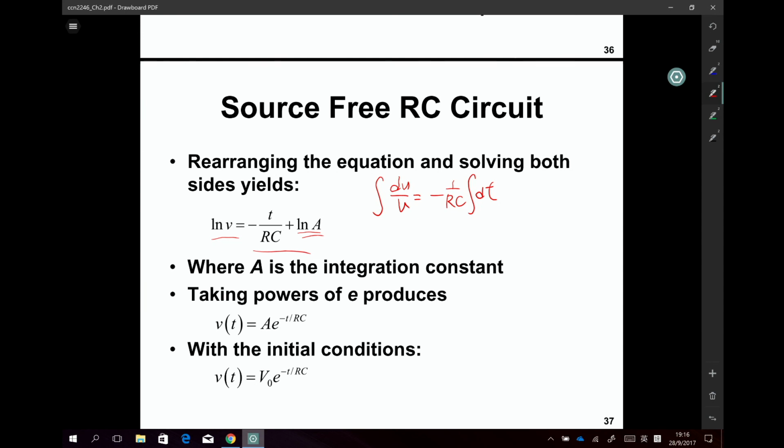Now, if you take the exponential function at both sides, you can get this formula. v(t) equal to A e to the power minus t over RC. And you can now substitute v(0) equal to V0 into the formula.